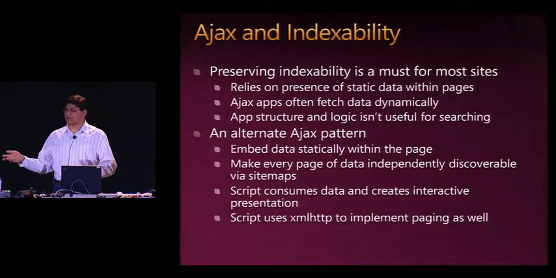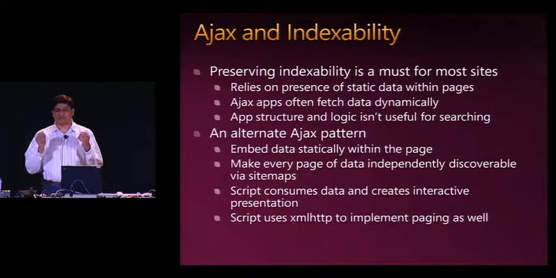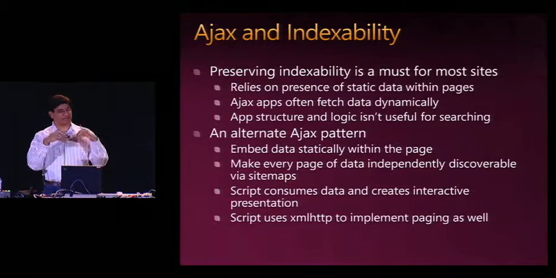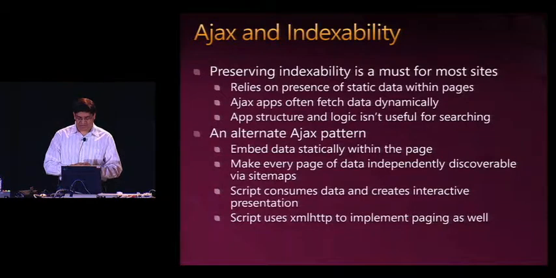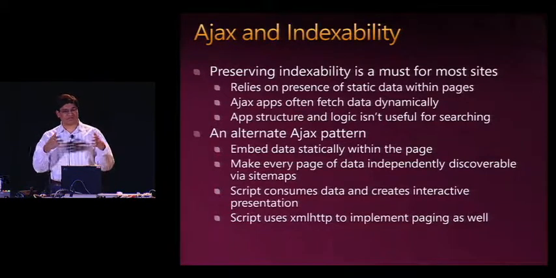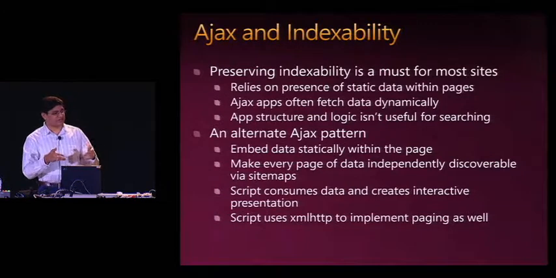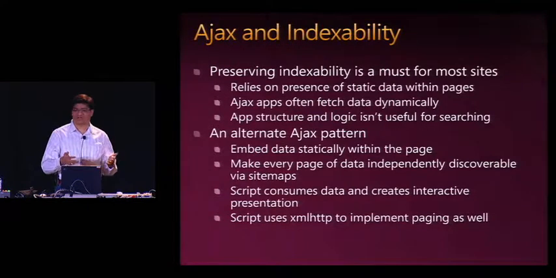So an alternate way to think about AJAX is, why don't I go back to putting the data statically in the page, as regular HTML content that the search engine can see, and then I'll write some AJAX code on my page that extracts the data from that content and presents a better view on top of that data.